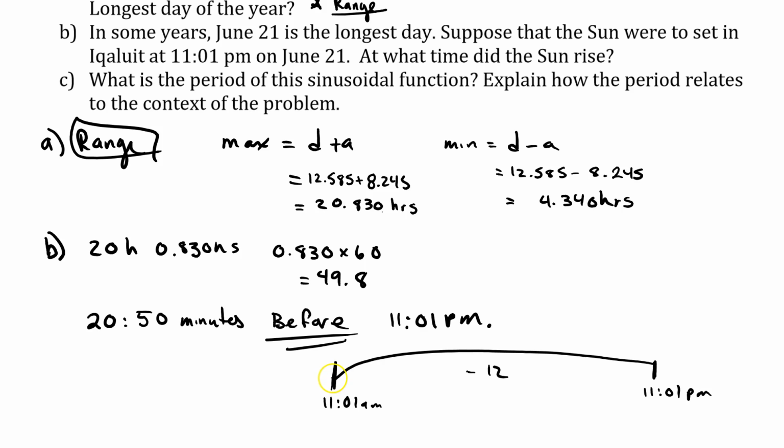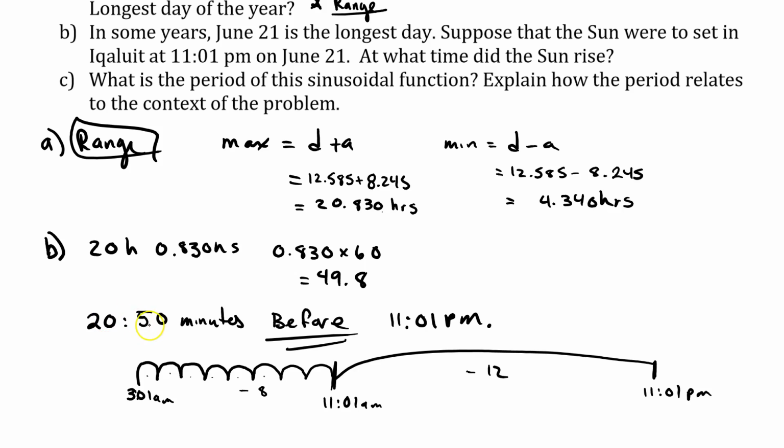So 11, 10, 9, 8, 7, 6, 5, 4, 3. So let me see. 1, 2, 3, 4, 5, 6, 7, 8. Good. So that is going to be 3:01 a.m. because this is going to be minus 8 hours.